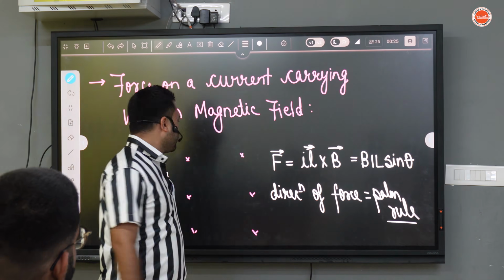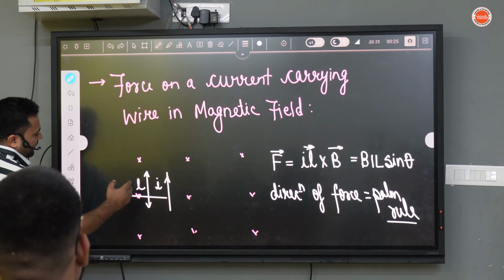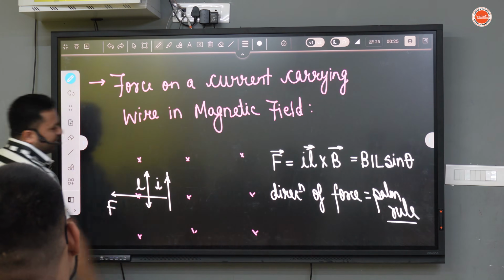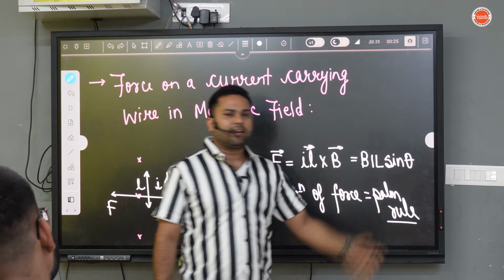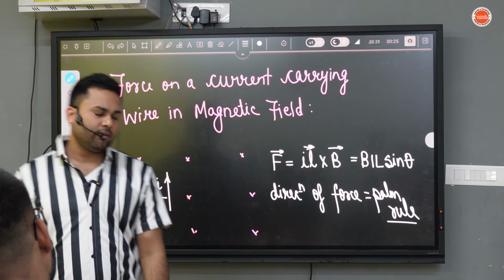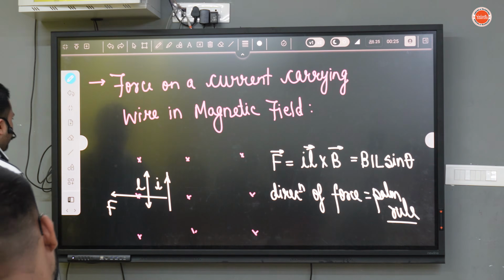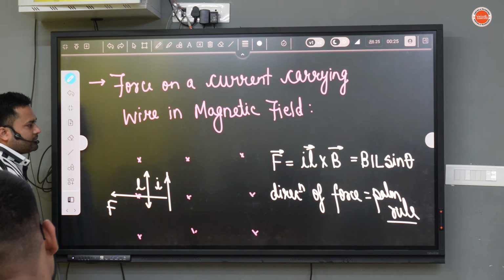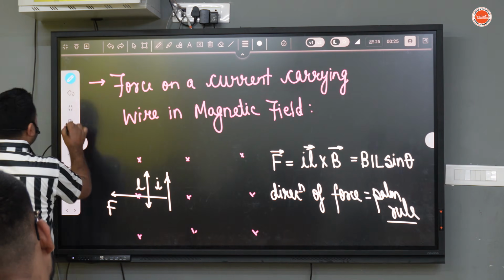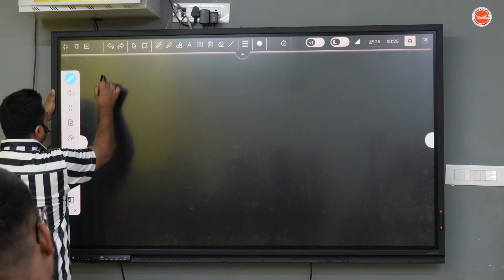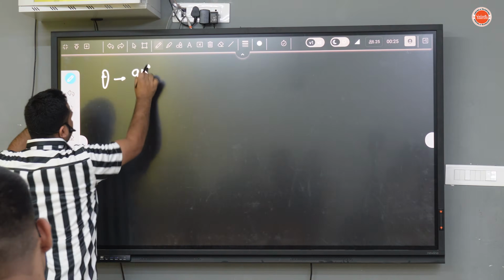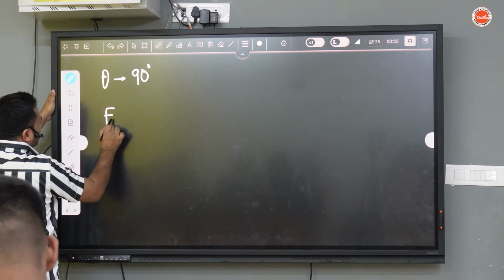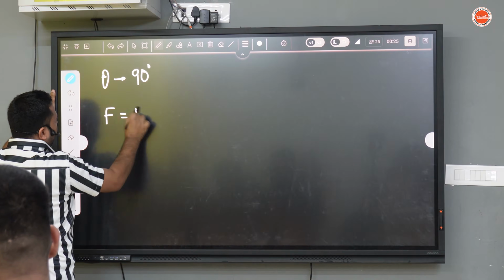In this example, the current and magnetic field make 90 degrees, so this will be sin 90, and directly we can write BIL. So if theta is 90 degrees, directly we can write force equals BIL.